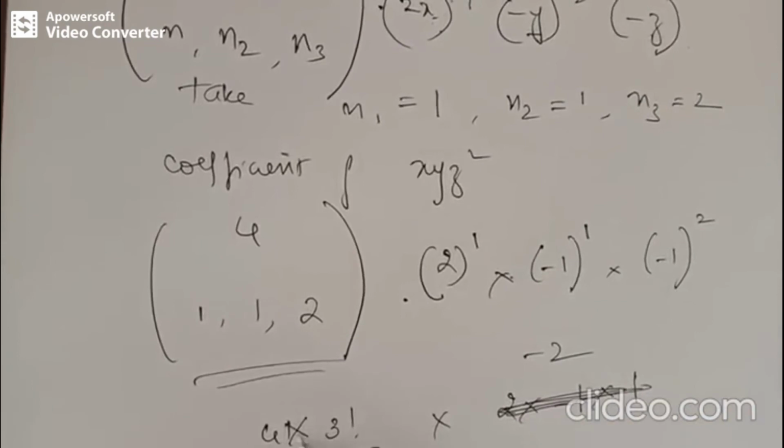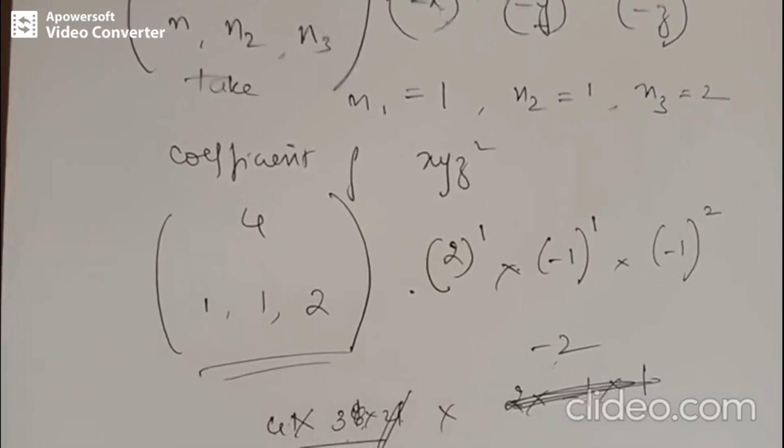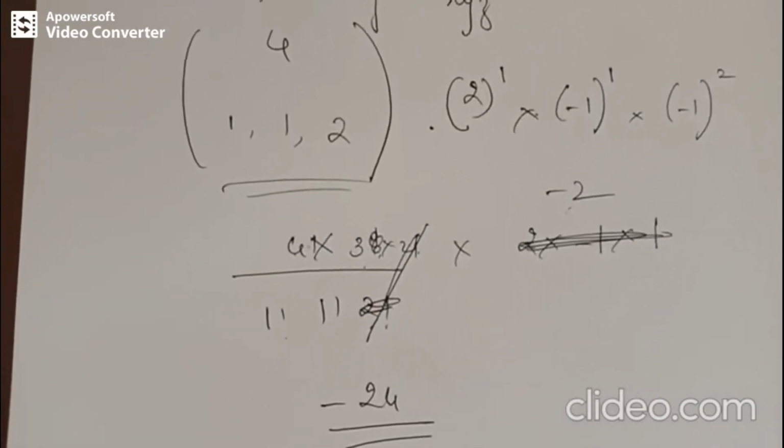So this will be, as I've told, 4 into 3 into 2 factorial, wherein this cancels 2 factorial, and this term will be 2 into minus 1 into minus 1 whole square, which is 1, which is nothing but minus 2. So it will be 4 into 3, 12, 2s are 24, minus sign. So we get minus 24 as the answer.